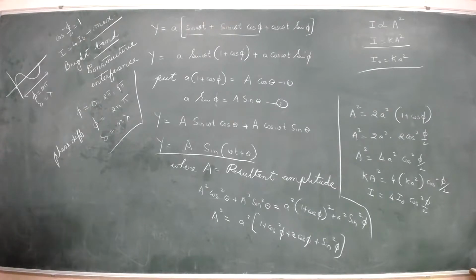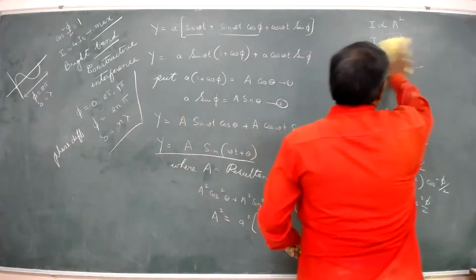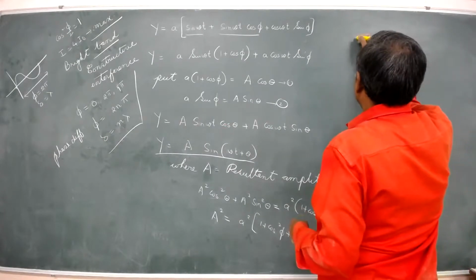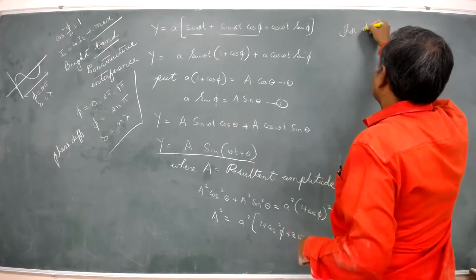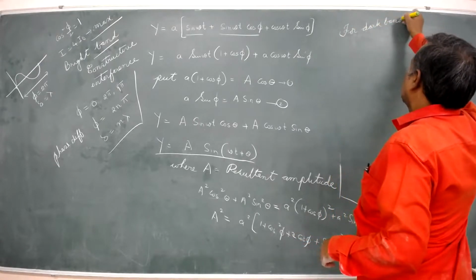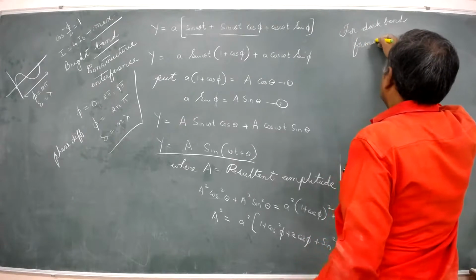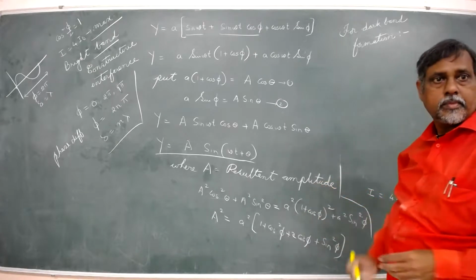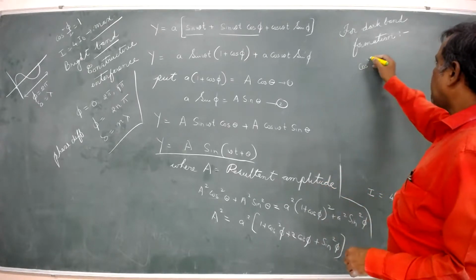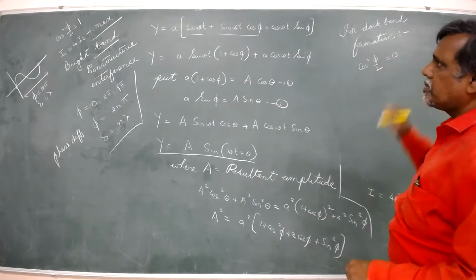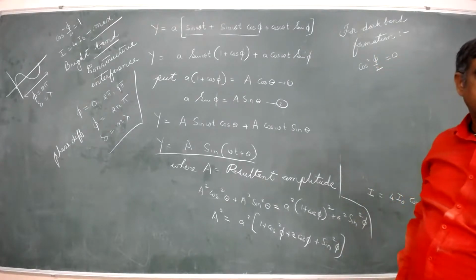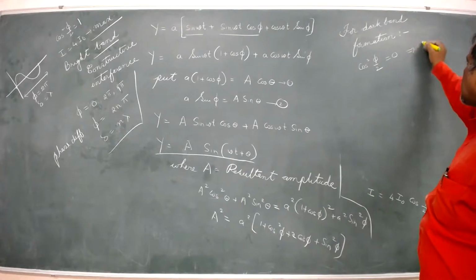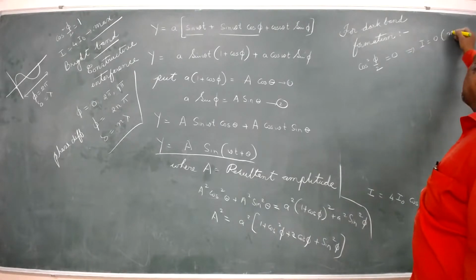Now we need to discuss the dark band formation. For dark band formation, cos square phi by 2 should become 0, so that I should be equal to 0, a minimum of 0 intensity.